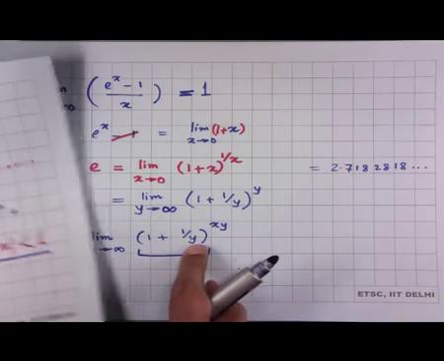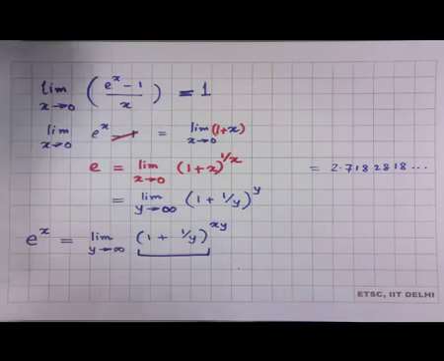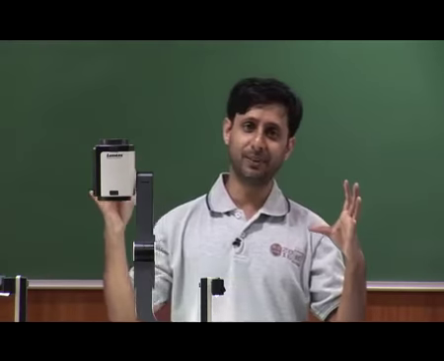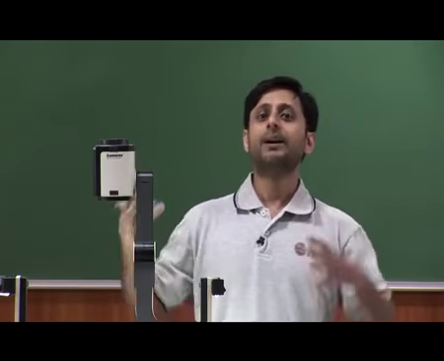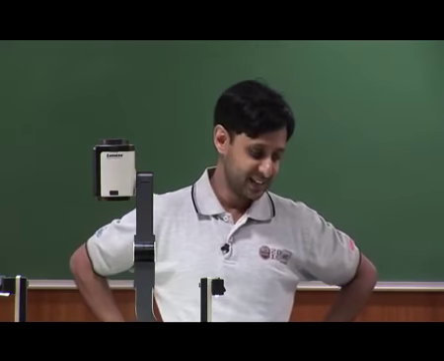So, 1 by y is certainly smaller than 1. Okay. Because y is tending to infinity, 1 by y is certainly smaller than 1, it is very small. So, it satisfies that relationship, which means that 1 plus something which is very small, smaller than 1, raised to some power.